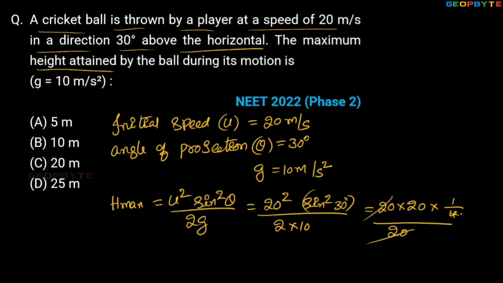This 20 and 20 cancel. 4 into 5 times. Therefore the maximum height attained is 5 meters. Look at option A. Option A is absolutely correct. Understood clearly? This problem and the previous problem are almost similar, only the speed is different. Similarly, let us take another important problem.